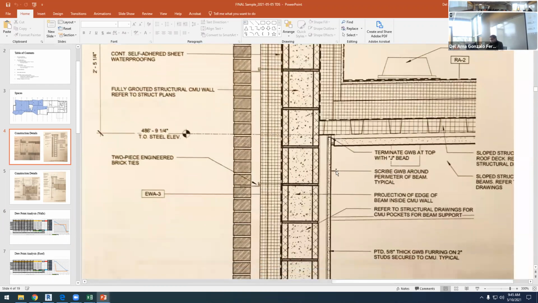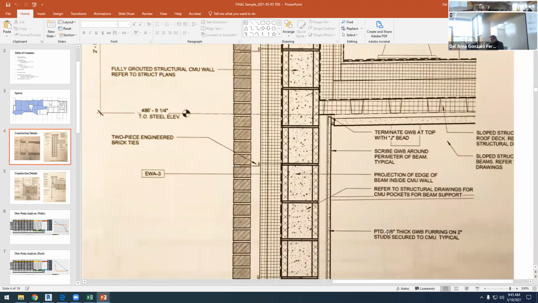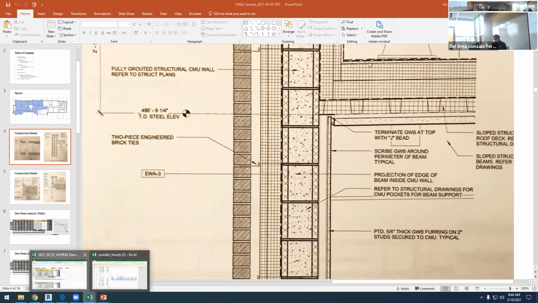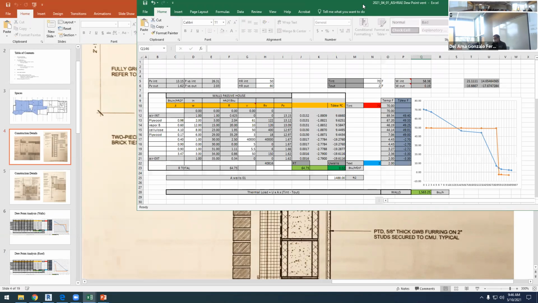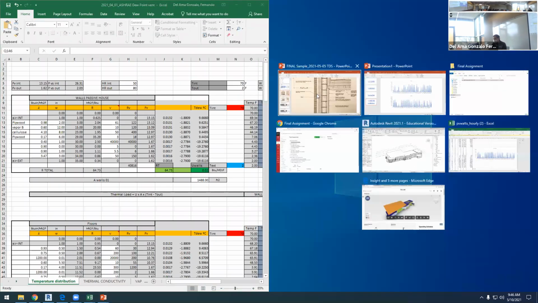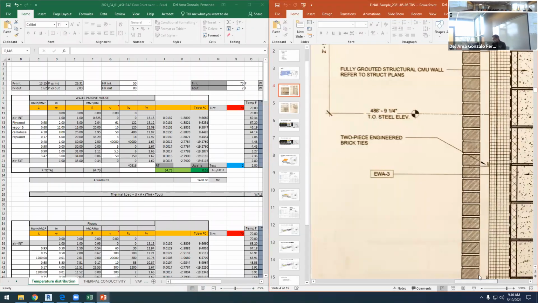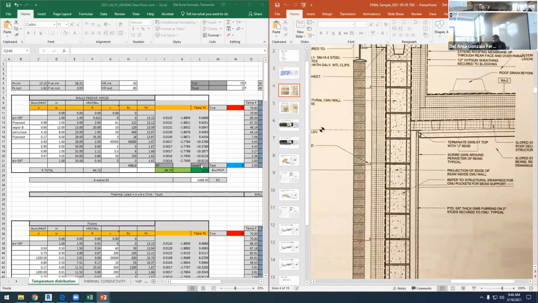So what is this? This is thick studs. Okay, so this is probably a gypsum wall. We know that building, and we know that the internal finish of this wall would be a gypsum wall. So we can work with this Excel file and this.